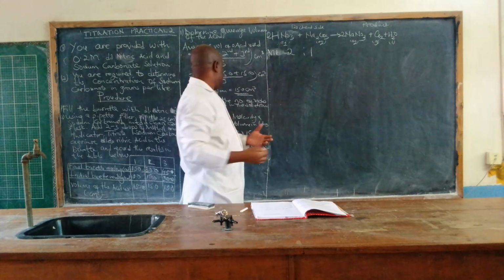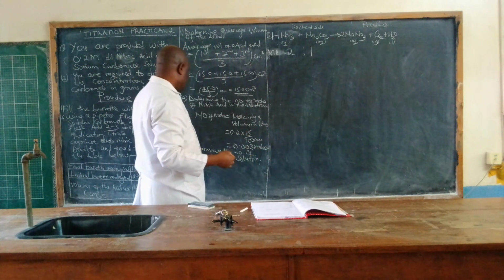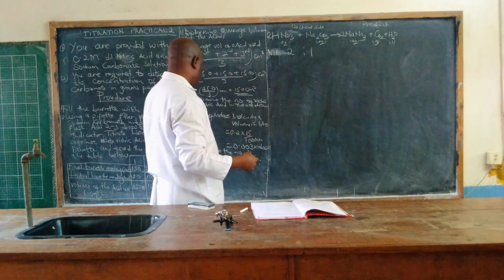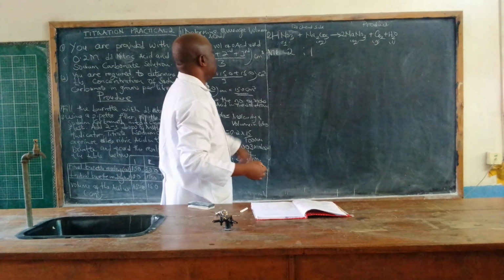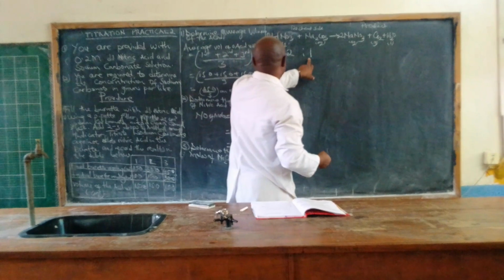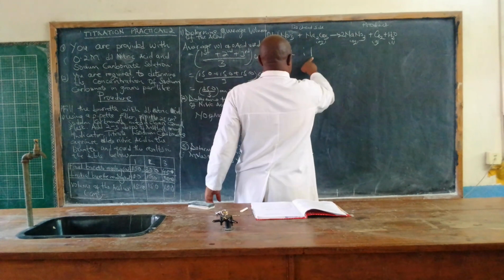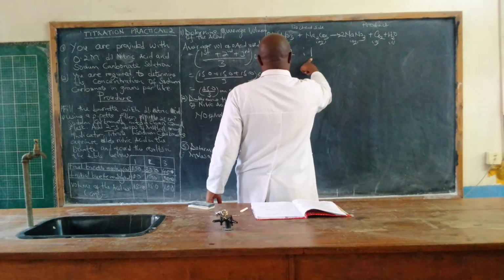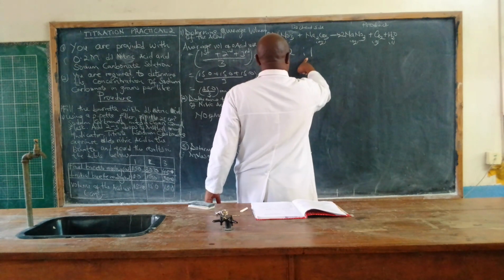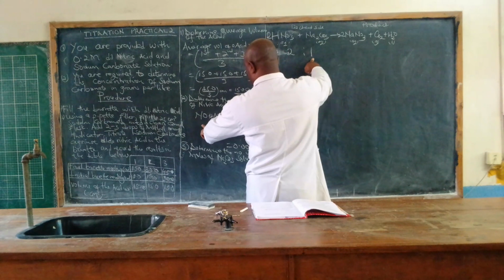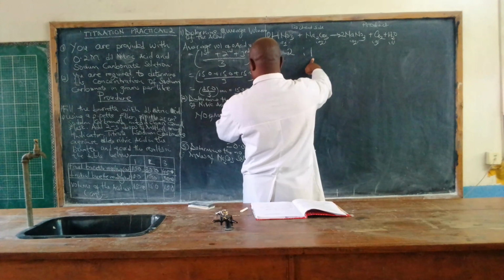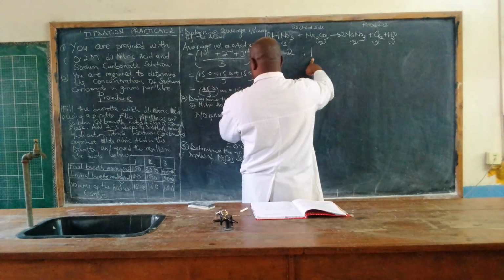The question was asking to determine the number of moles of sodium carbonate in that solution. Remember, we have already determined the number of moles of nitric acid in that solution.